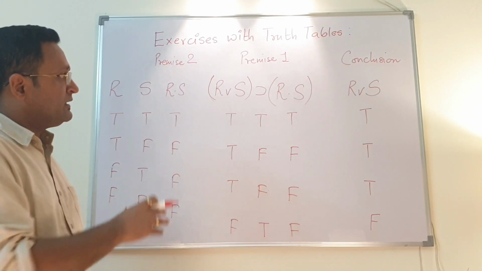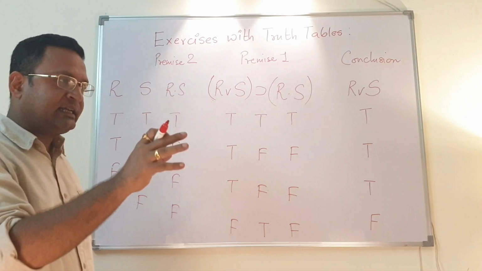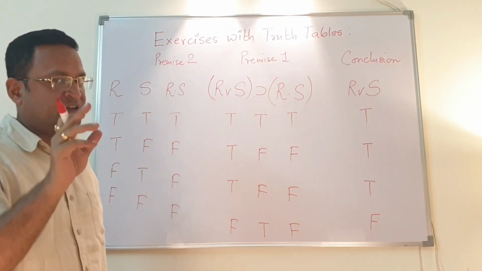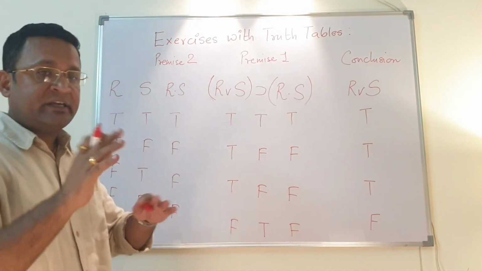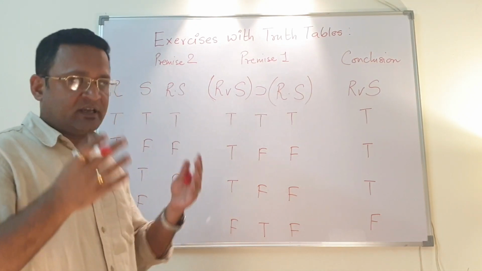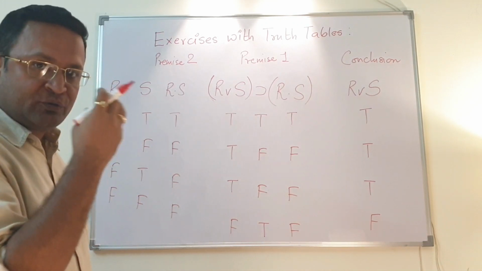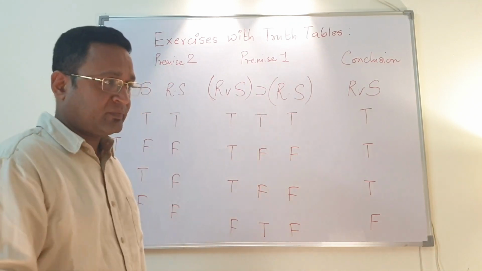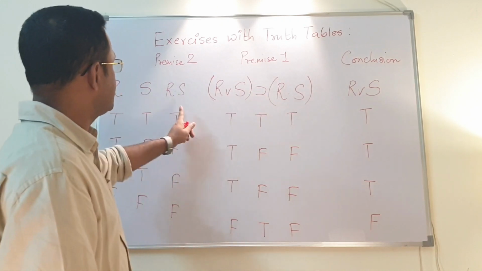Let me remind you, this structure of argument exactly looks like the structure of an invalid argument, the fallacy of affirming the consequent. Now we replace P and Q with R wedge S and R dot S, as you have seen.